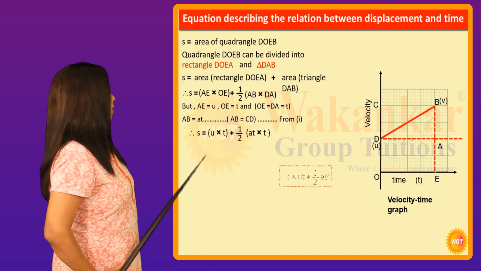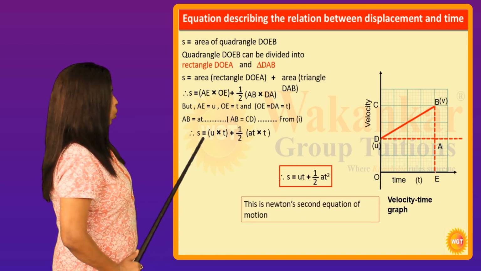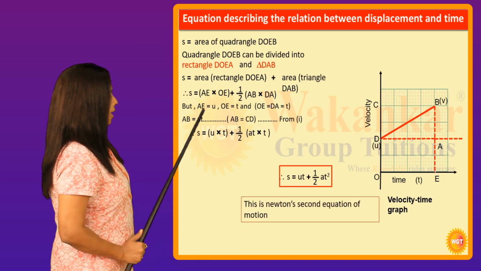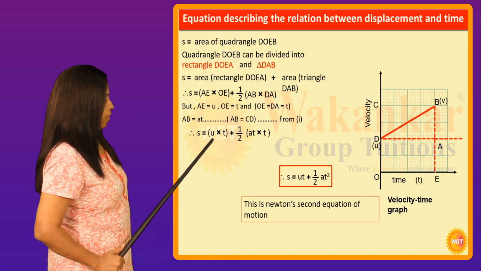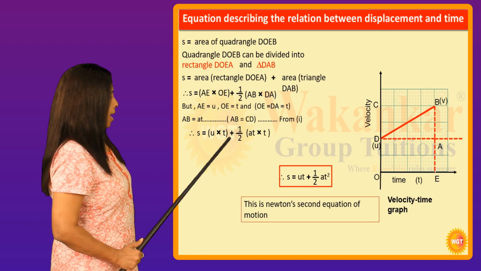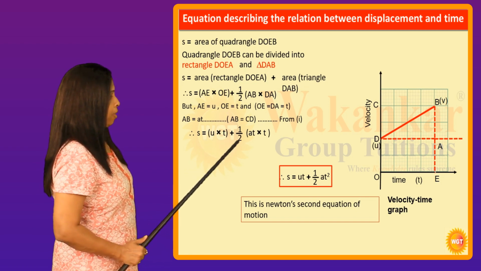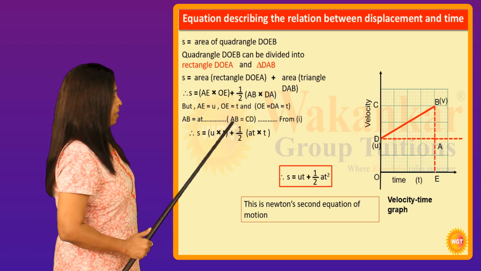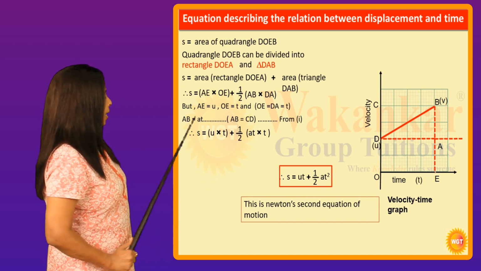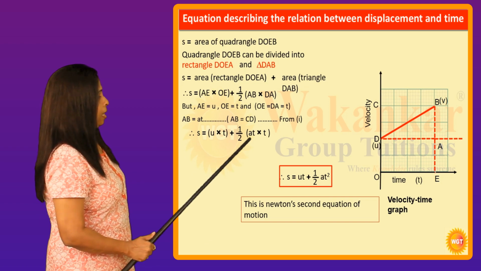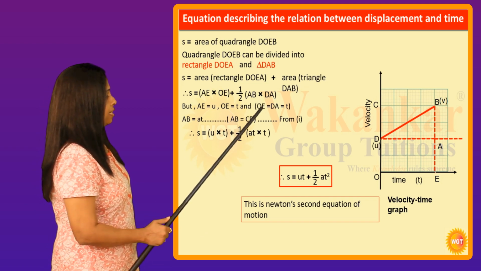Let us see. s equal to AE, which is u, OE is t, thus we get u into t plus half AB. AB is also equal to at. So we have substituted AB as at into DA. What is DA?